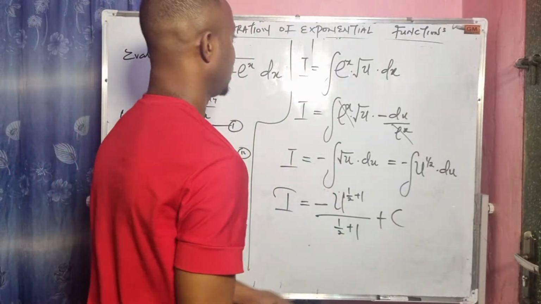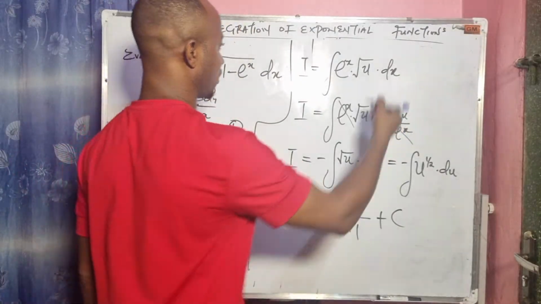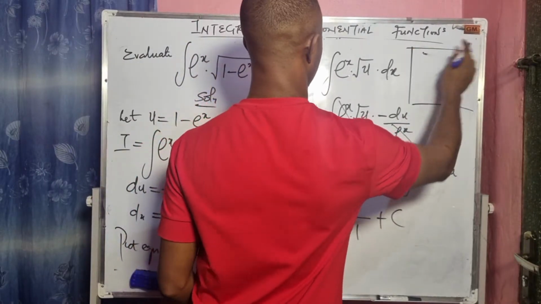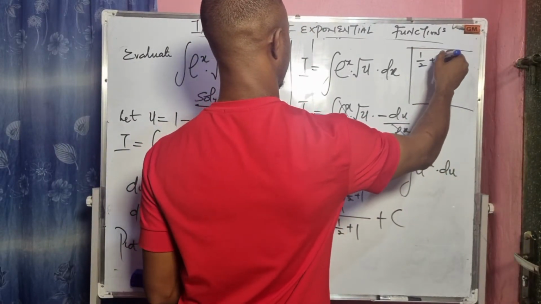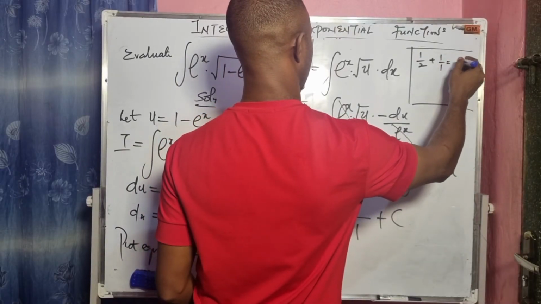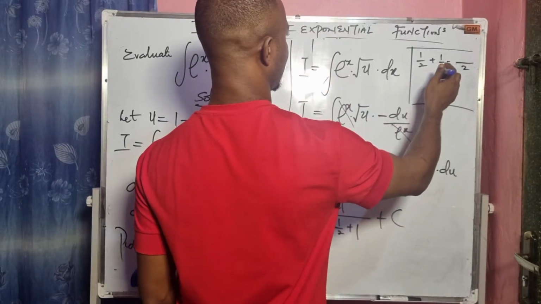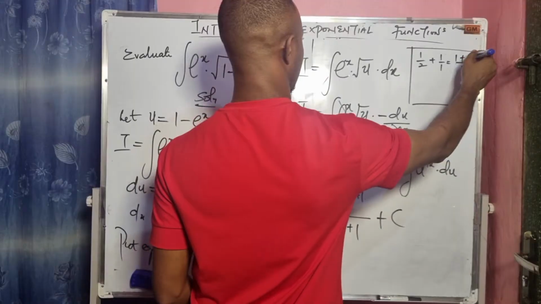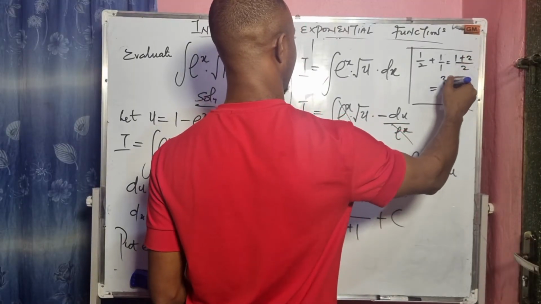We already know that 1 over 2 plus 1 is 3 over 2. Let's check: half plus 1 over 1. The LCM here is 2. 2 into 2 is 1, 1 times 1 is 1. Plus 2 into 1 is 2, 2 times 1 is 2. So 1 plus 2 will give us 3 over 2.